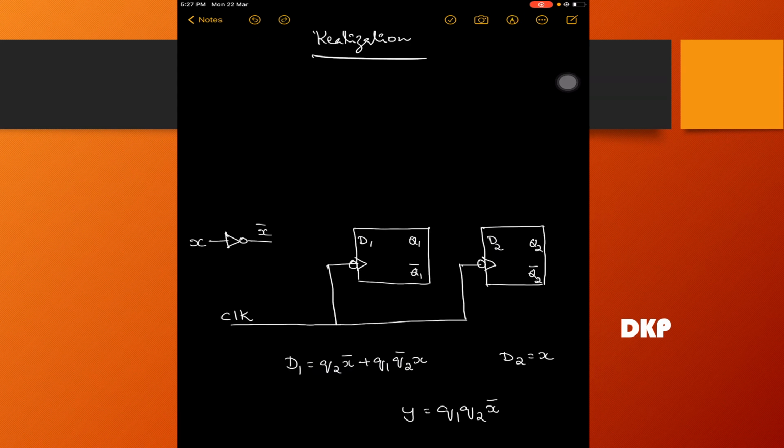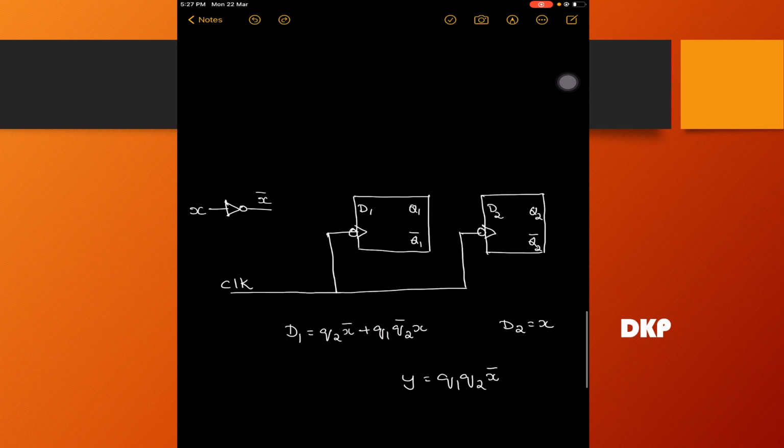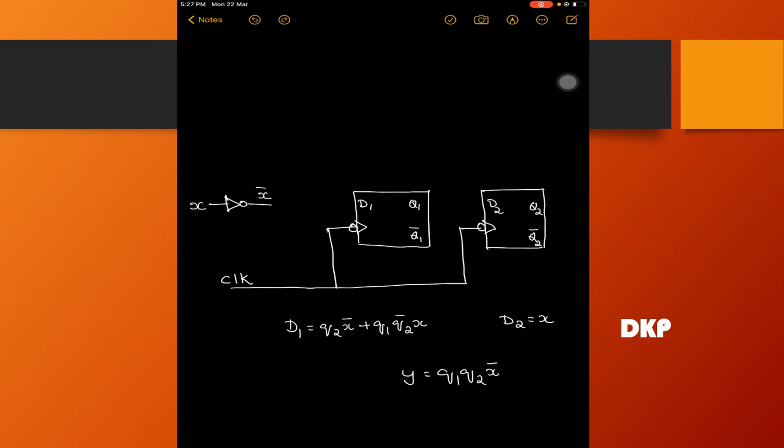Now, the last step is the implementation. That is, you have to draw the logic diagram of the sequence detector 1, 0, 1, 0, using D flip-flops. So, here I have already drawn the D flip-flops. D1, the input is given as D1 and the output is Q1 bar, and the second flip-flop is D2 with output Q2 bar, and clock has been given to both the flip-flops, and one extra NOT gate has been drawn here.